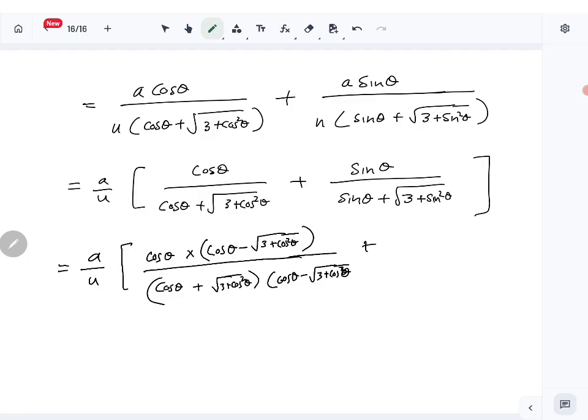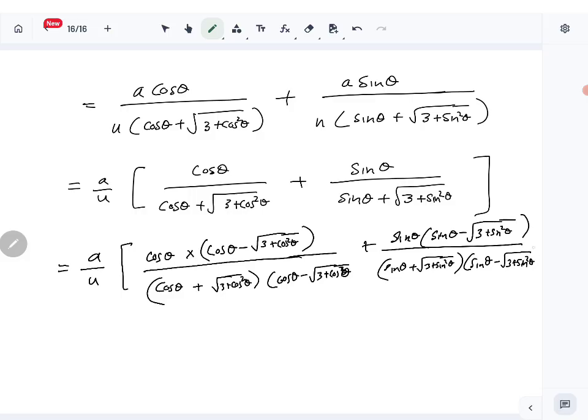Same thing for sine theta: you multiply by sine theta minus root 3 plus sine square theta, and sine theta plus root 3 plus sine square theta into sine theta minus root 3 plus sine square theta.